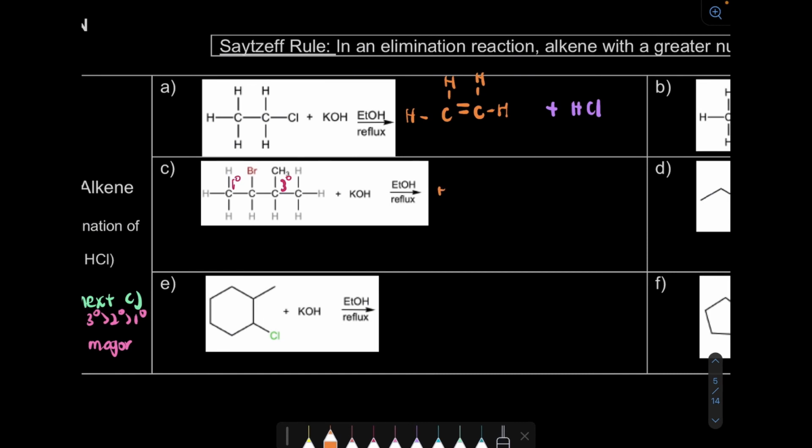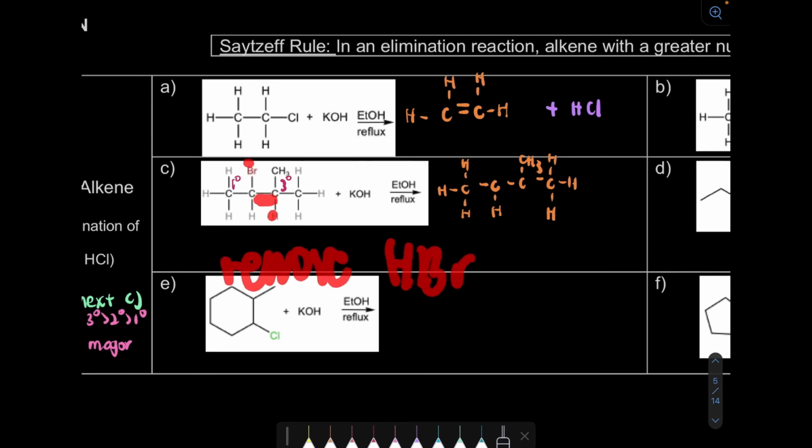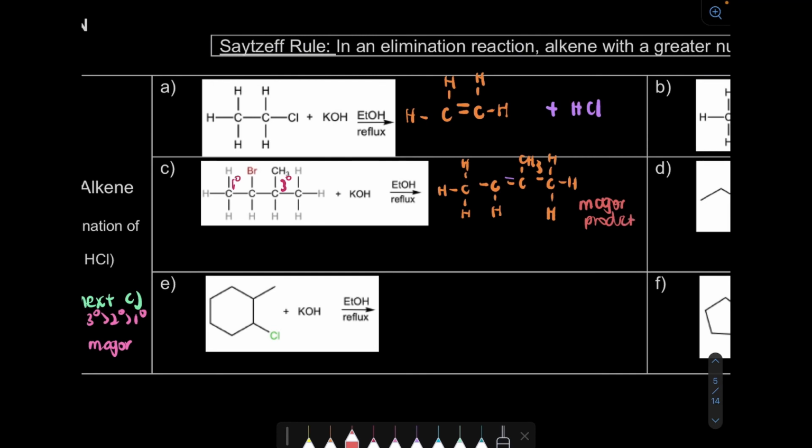Okay, I'm just going to draw the expanded one je lah. Okay, so when we remove HBr, we're going to add our double bond to form our alkene. Okay, and then since we remove it from our tertiary hydrogen, so this is my major product.